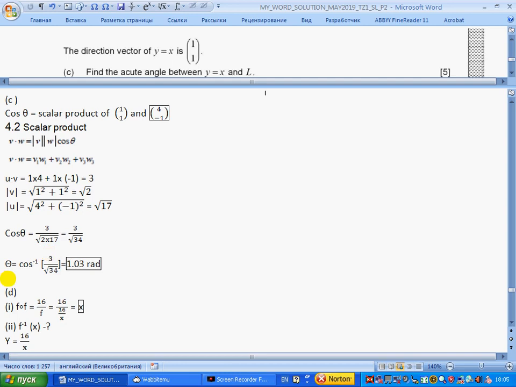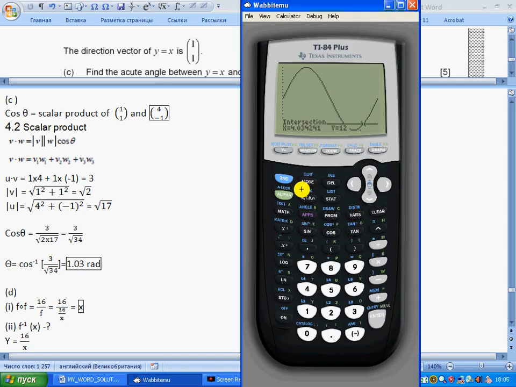Then we have angle equals the inverse function of cosine, and we get, so for example we need to find cosine.